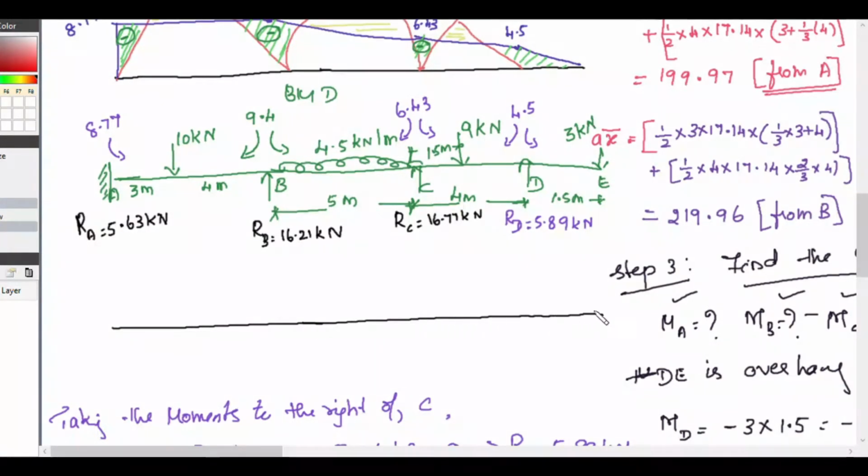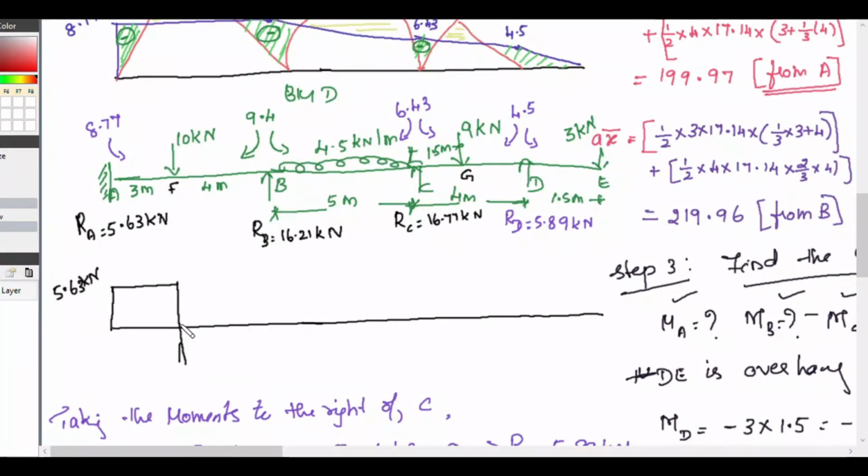So our shear force diagram is at A we have 5.63 kilonewton, right? Now A, B, C, D, E, this is F and this is G. Up to F we do not have any loads. At F we have a 10 kilonewton load downwards.